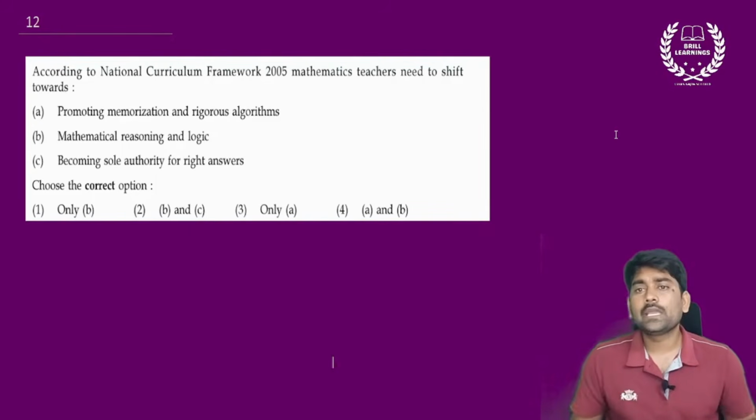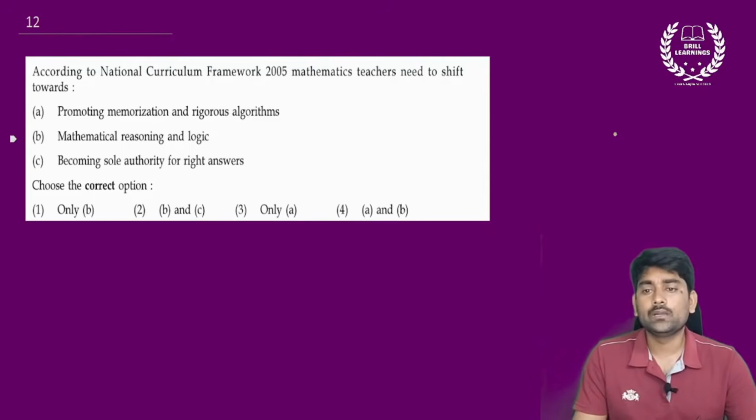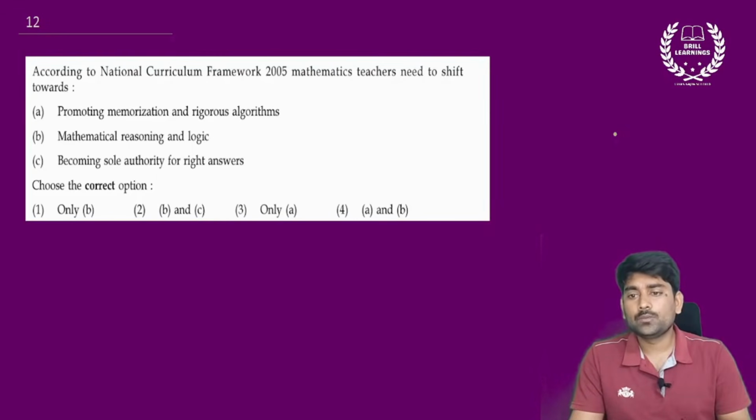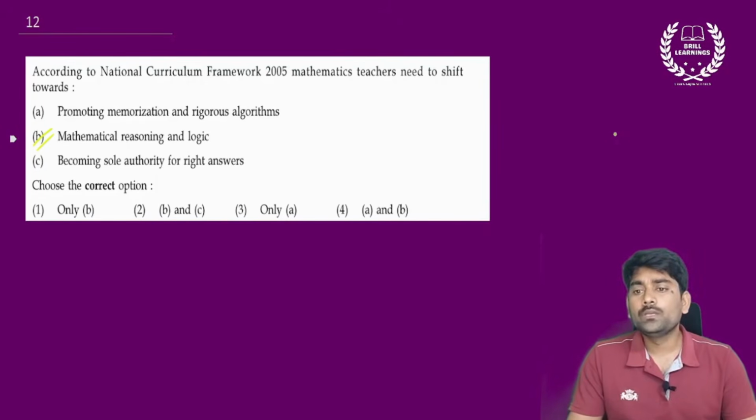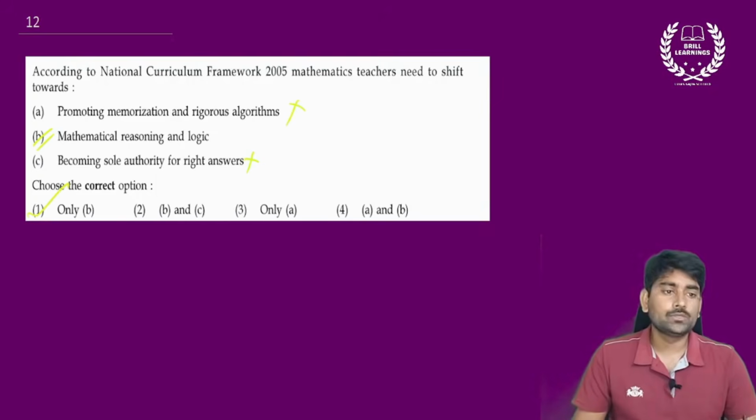That is why the second one is the most suitable answer here. Mathematical reasoning and logic. Second one is the right option here. If you observe the first statement, promoting memorization and rigorous algorithms, there is no need of lengthy algorithms and everything. Becoming the sole authority for right answers is also not a correct answer. So only the second statement is right here. Let's move on to the next question.